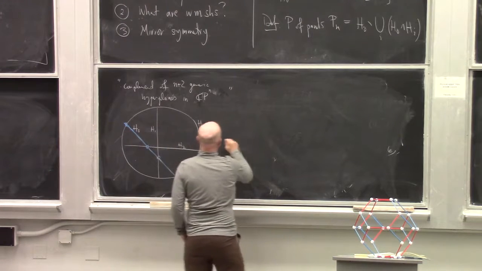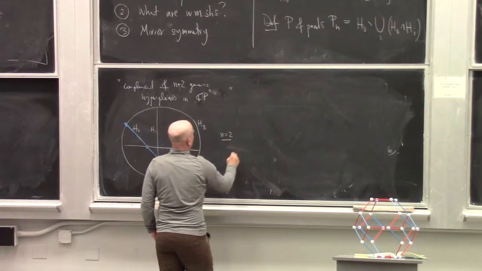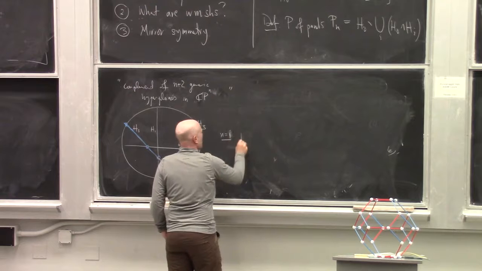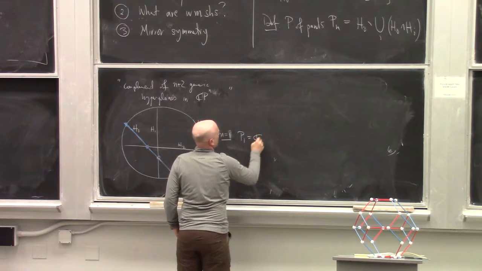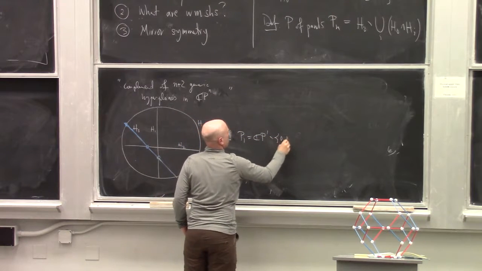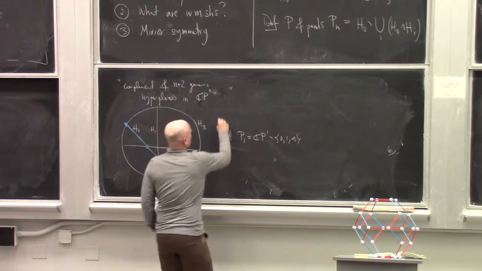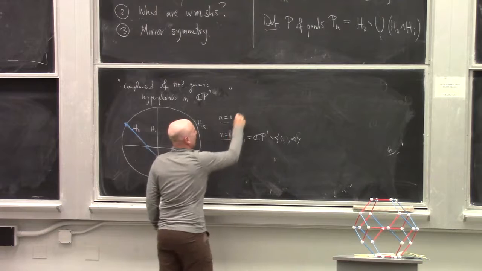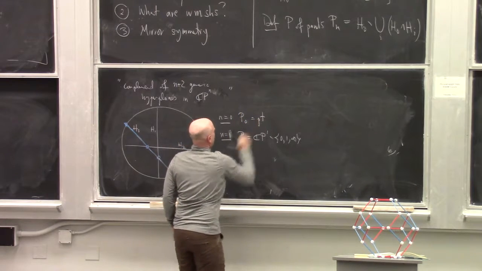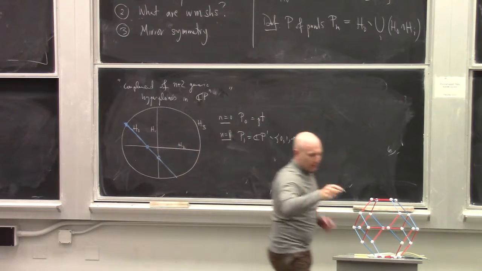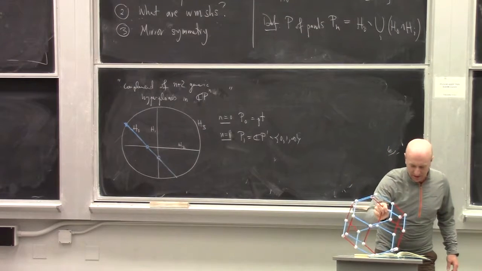So for n equals 1, P_1 is CP^1 minus, say, 0, 1, and infinity. I find it very useful to remember also, just to check your reality, that P_0 is a point. And I'll explain, this is going to have something to do with n equals 2.